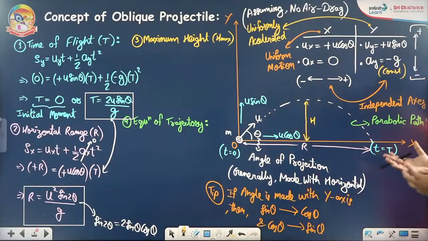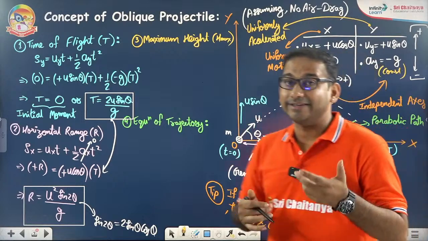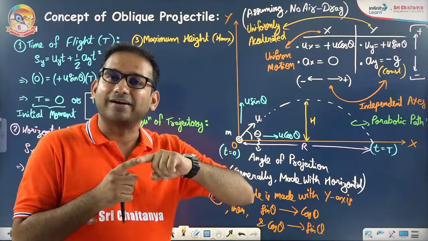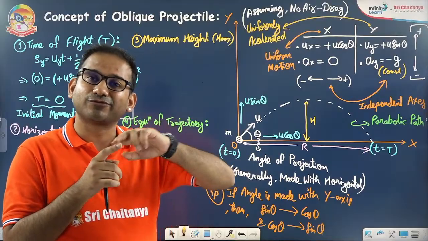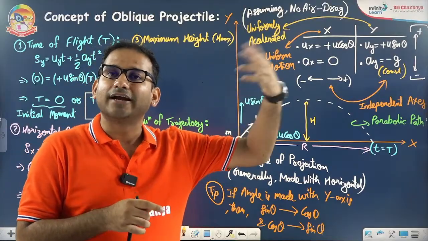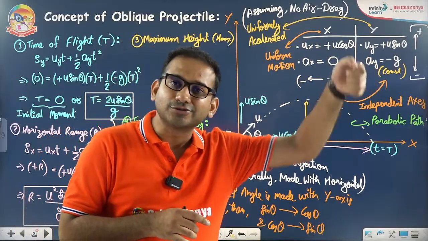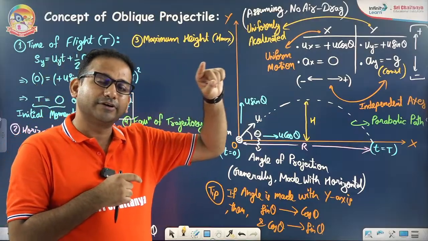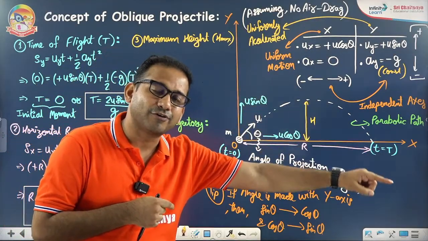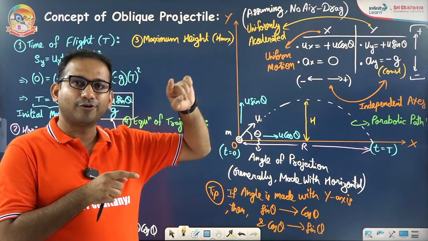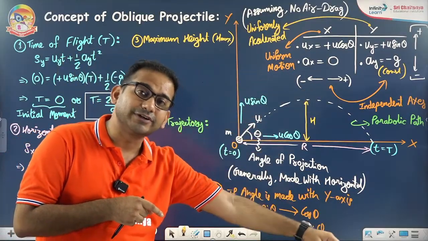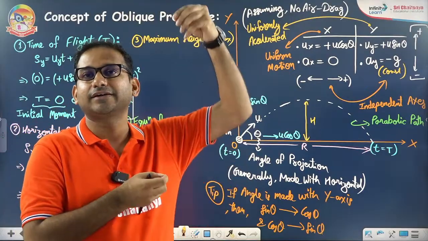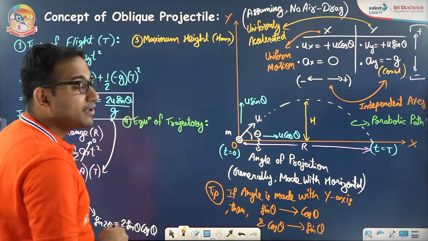Maximum height. How do you define the maximum height? Technically, we say throughout its journey, for the first few moments, the projectile or particle is moving forward and also upward. After some time, it will be going forward and also downward. Throughout its journey, whatever maximum displacement it covered in the y-axis is defined as maximum height.